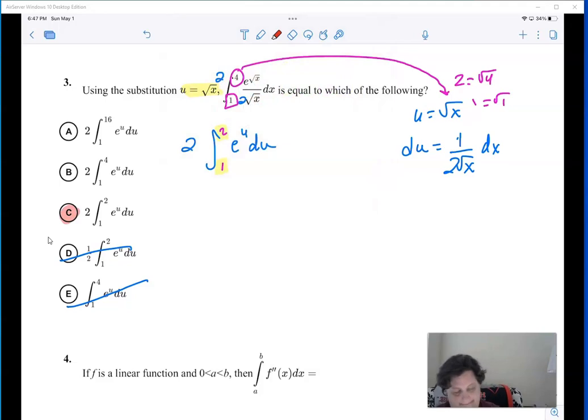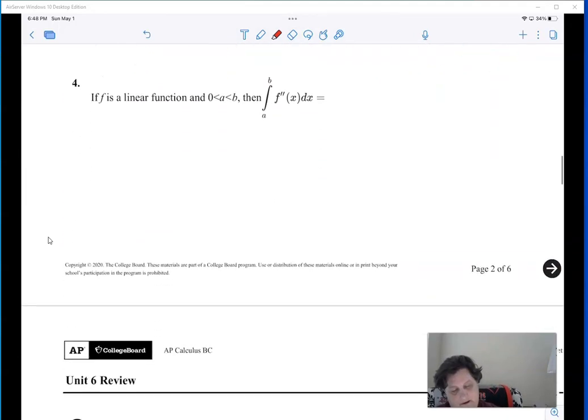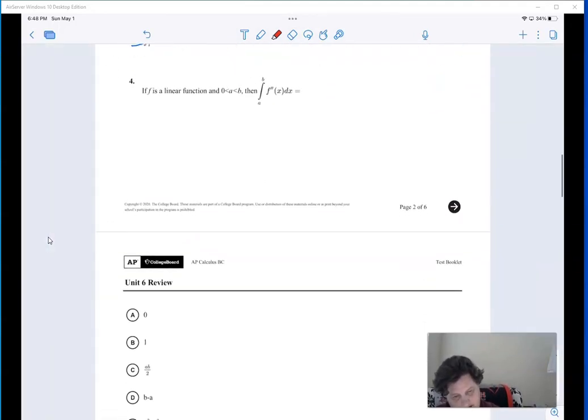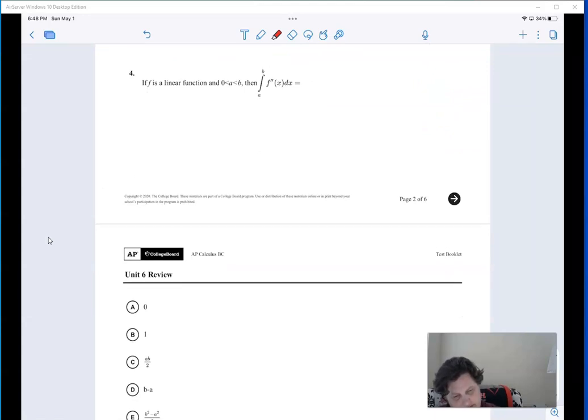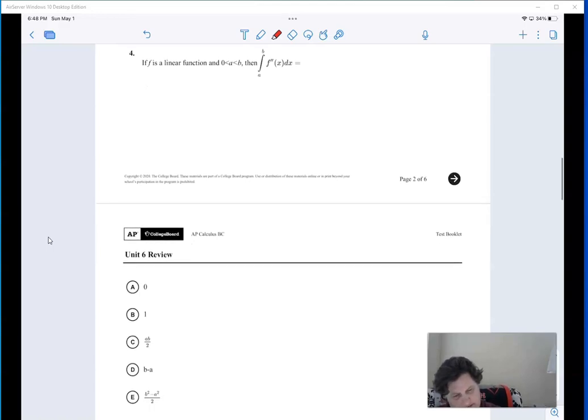All right. If f is a linear function and a, b are both positive and a is smaller, then what's the integral of the second derivative?